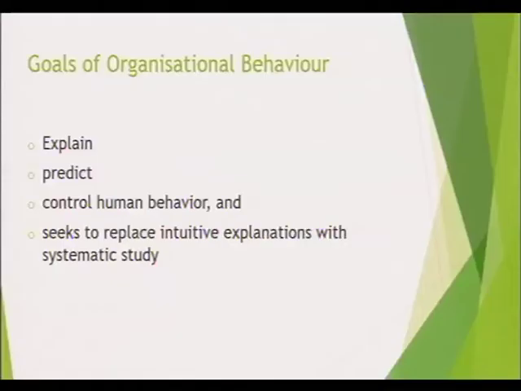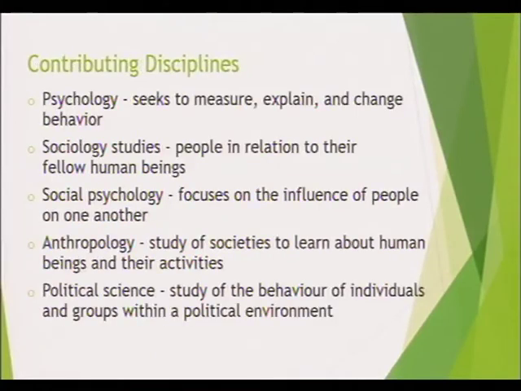And then organizational behavior also helps us to understand that if this is what is happening, there's a possibility of this. Unless this is done, then you don't expect that. So prediction. And then organizational behavior also helps us to control certain human behavior. And it also tends to replace certain intuitive explanation with systematic study.